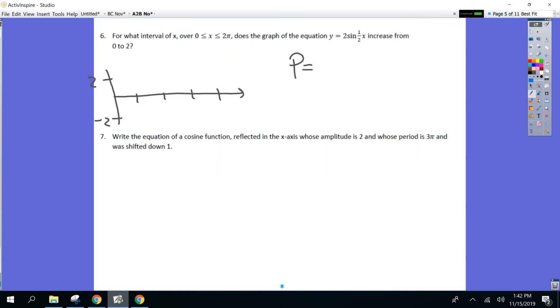What am I doing here for the period? Formula for period? Got it. Clean that up for me and let me know what the period is when you're ready. 4 pi. Yep. So remember what that means. That's where this graph's going to end.